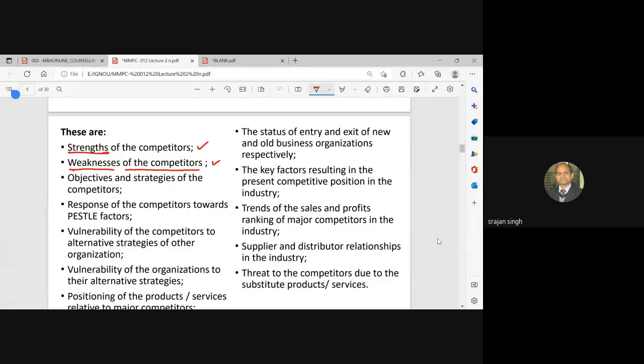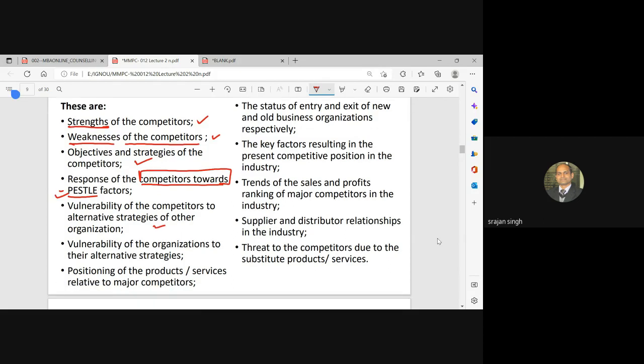Objectives and strategies of the competitors, whatever they are using. Response of competitors towards PESTLE factors. In the last class, we discussed PESTLE analysis and PESTLE factors, so we can analyze how our competitors are responding towards the PESTLE framework. Vulnerability of competitors to alternative strategies of other organizations.